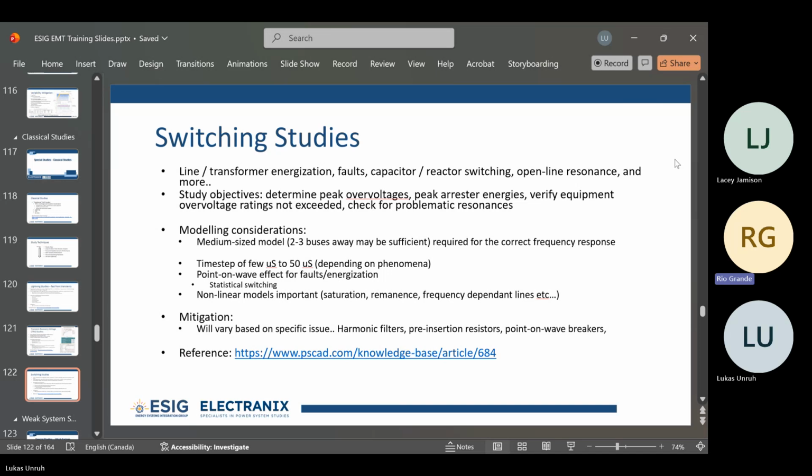And there's textbooks of information you could look at that go through all the various scenarios here. A lot of this is super interesting stuff. Just a couple of notes on some of the modeling considerations. Usually we're looking at what we'll say are medium-sized models, so definitely bigger than lightning and TRV models, but you might only need to look 2 to 3 buses away, depending on whether system resonances at like 3rd and 5th harmonic matter.